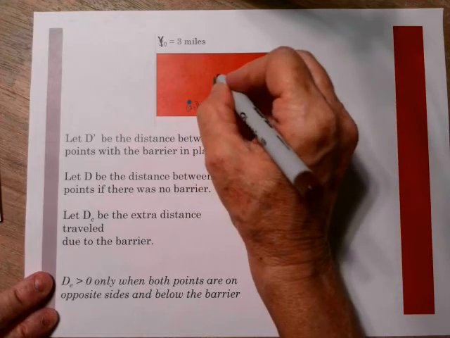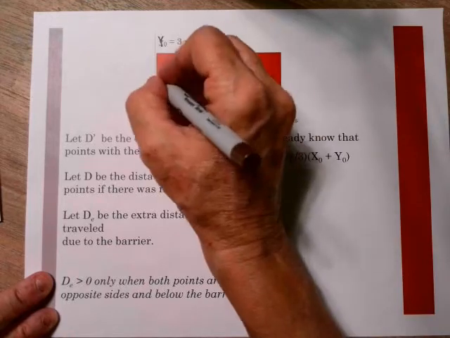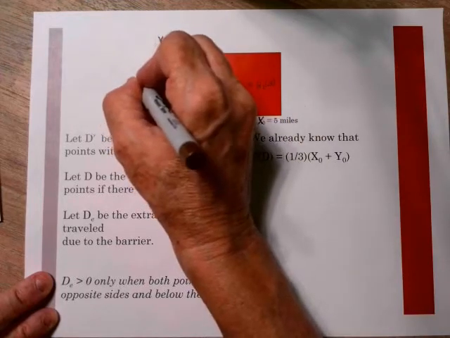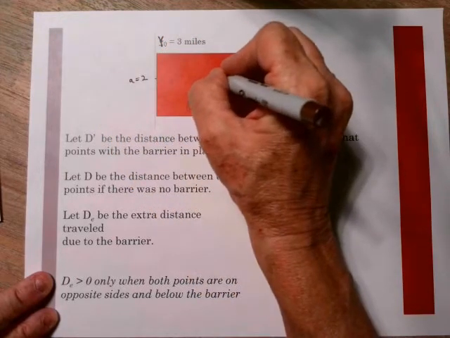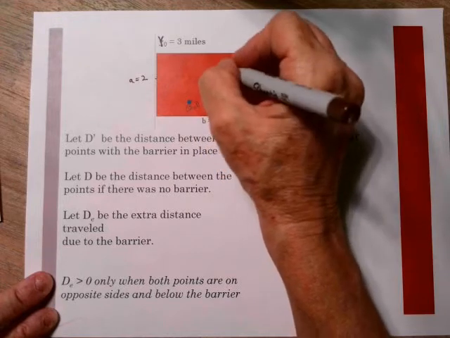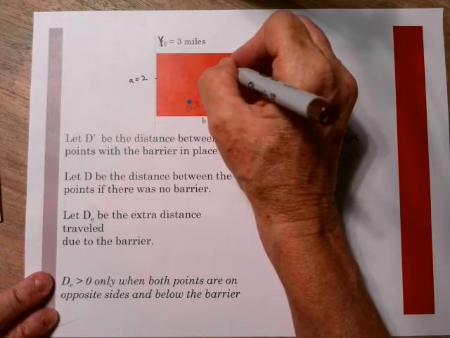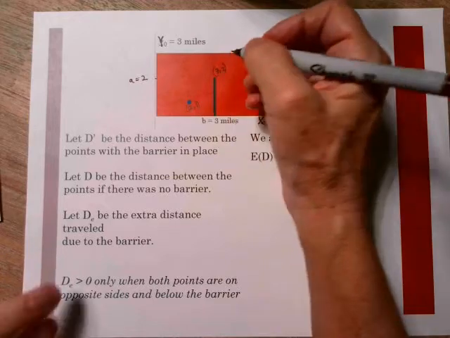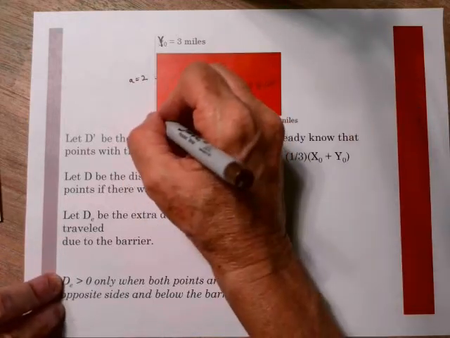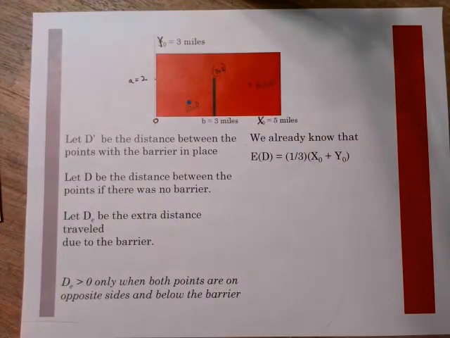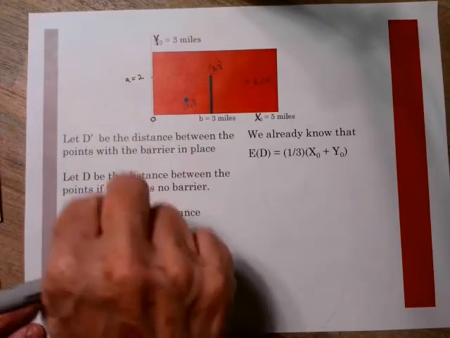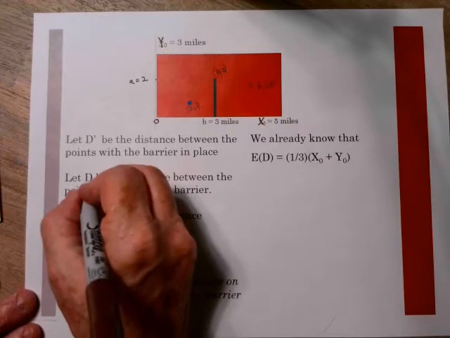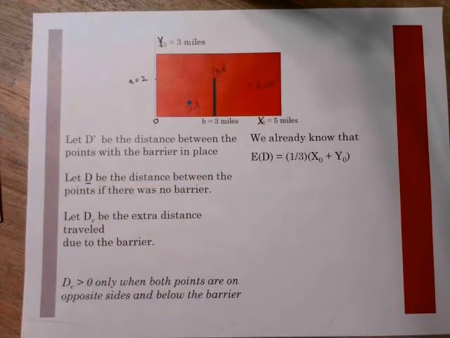The height of this barrier here, they call that A. That was on the previous slide. So here, A equals 2. The coordinates at the tip top of this barrier are going to be 3 and 2, and this is obviously 3 and 0. So on the previous slide, we defined that the letter D is the rectilinear distance between the points if we don't have a barrier.